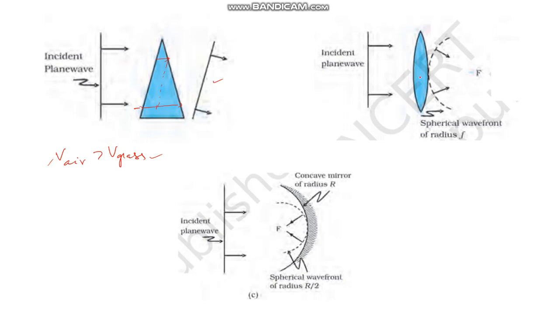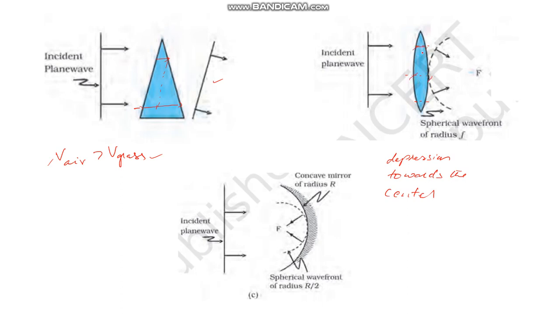If you take the case of a convex lens, in the center the thickness is more and at the top the thickness is less. So basically what happens is you see a depression towards the center, because the light ray has to travel this much distance here, whereas it is less here, right?